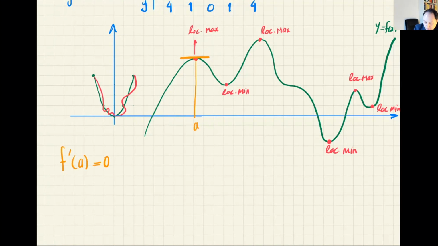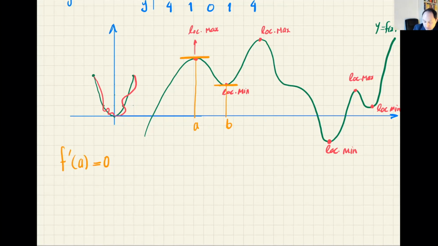Okay? And the same thing happens for a local minimum as well. The local minimum here, assume that this is B. In the local minimum, if I draw the tangent to the graph, it becomes horizontal by the nature of the local minimum point, yes?